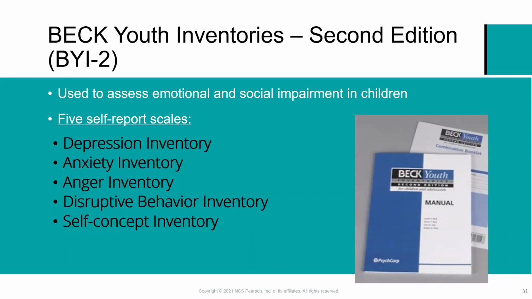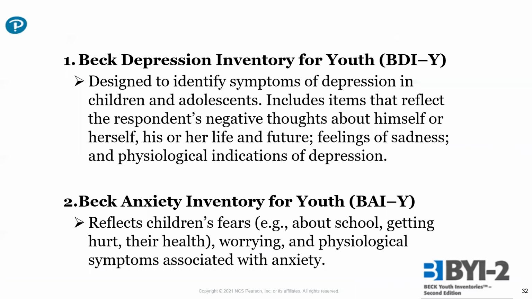They take 5 to 10 minutes or so, or you can combine them, so anywhere between 30 and 60 minutes for the full form, and it can be administered either individually or in groups. Of course, there are remote on-screen administration options in Q Global as well. Each of them contains 20 statements about thoughts, feelings, or behaviors associated with emotional and social impairment, and the responses are in a Likert scale item response format.